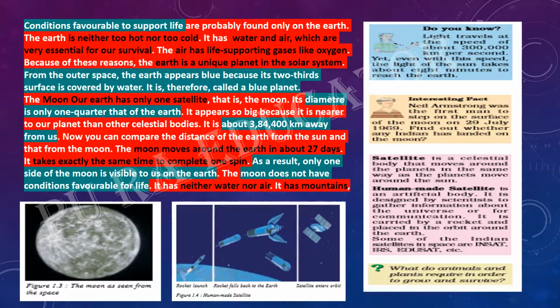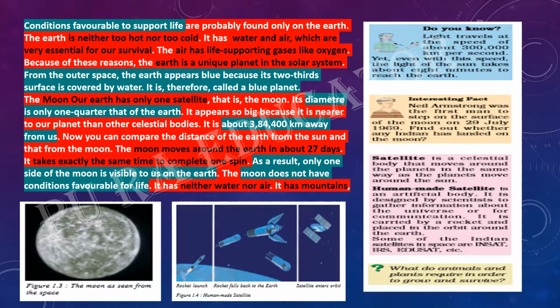Air has life-supporting gases like oxygen. Earth is known as a unique planet because of these points. From outer space, the planet looks blue because two-thirds of the surface is covered with water. Therefore, we call it the blue planet.